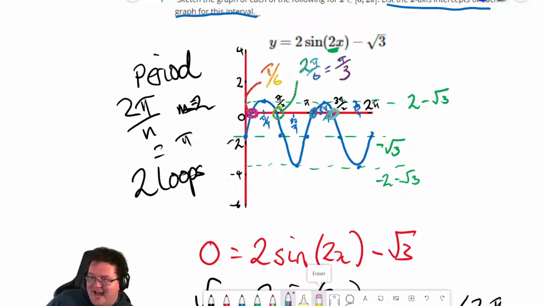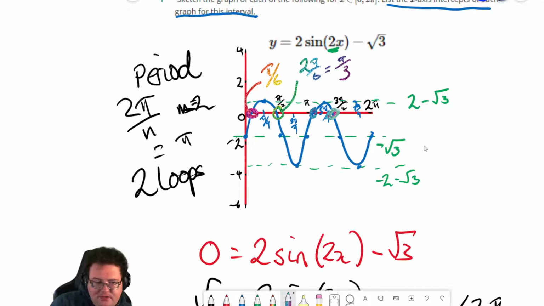What do I need to add to my pi on 6 and my pi on 3 to get my other two answers for the next repetition of the loop? If the distance between 0 and my first intercept is pi on 6, then my second intercept is going to be pi on 6 from pi.